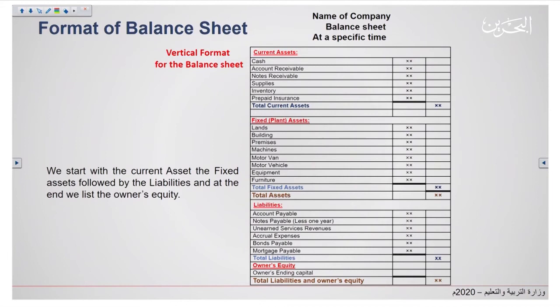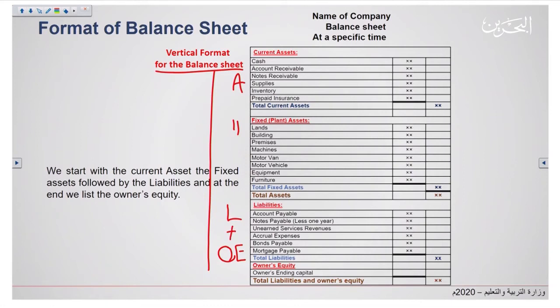The second format of the balance sheet is the vertical format, which means we are listing the assets and the liabilities with the owner's equity all in one column. So the formula will be applied like assets equal liabilities plus owner's equity.